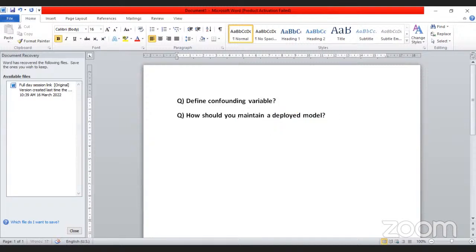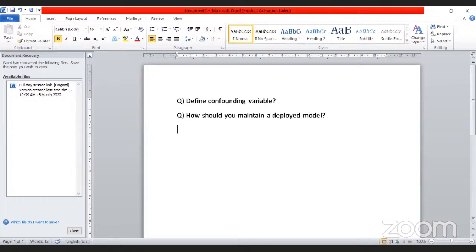Try to answer this question. How should you maintain a deployed model?